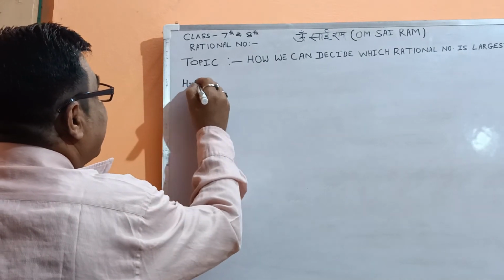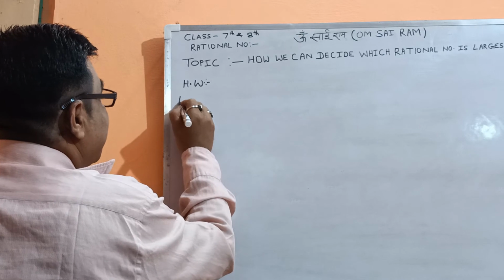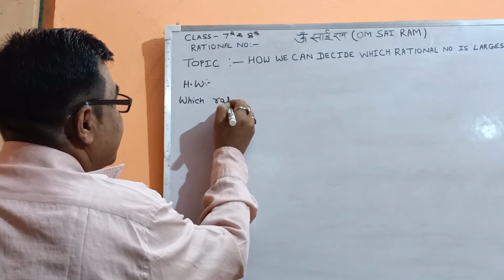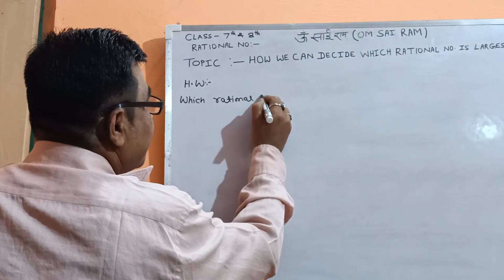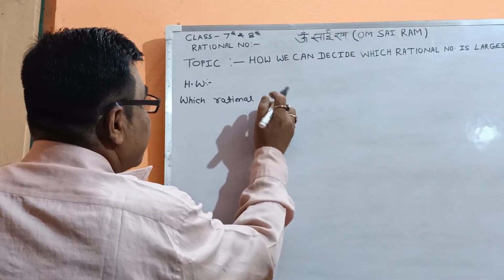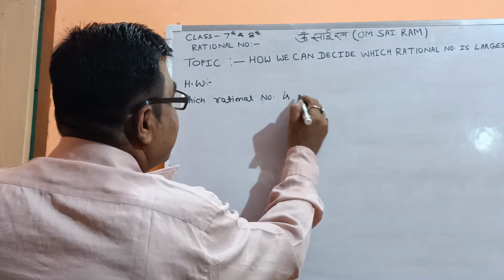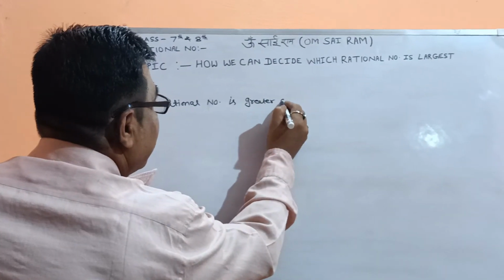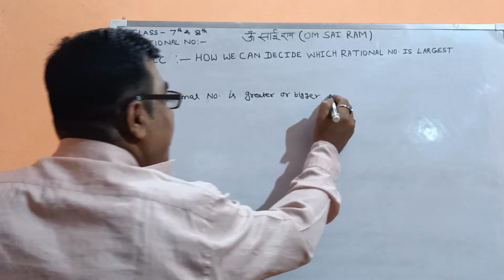Homework: which rational number is largest, greater, bigger or larger?